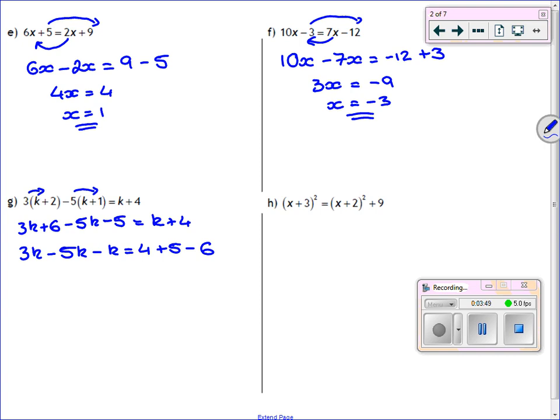Right, so 3k take away 5k is minus 2k. Take away k is minus 3k, is equal to 4 plus 5 is 9. Take away 6 is 3. So minus 3k is equal to 3. Therefore k has to be, divide 3 by minus 3, we get minus 1.